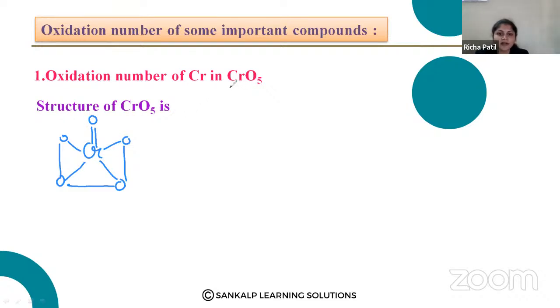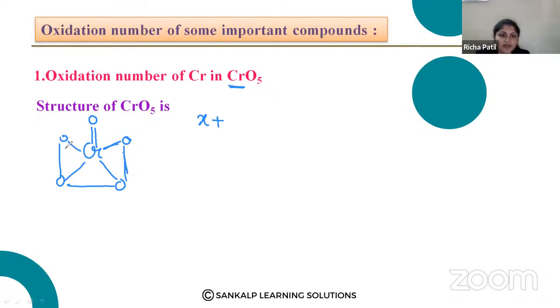Now to find it, keep Cr as x. How many oxygen atoms are involved? You can see there is a peroxy linkage present.